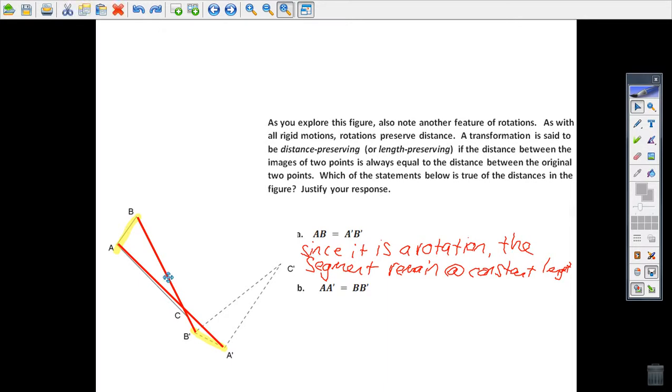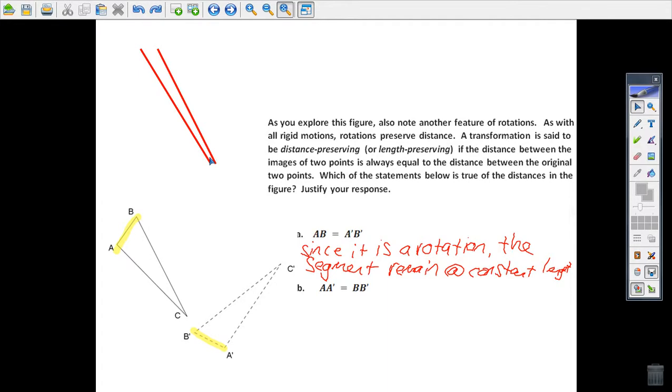So if I take this segment, move it out here, I could take this one and rotate it, right? What do you notice about them? They're not the same length. They look very close, but they're not the same necessarily in every figure.